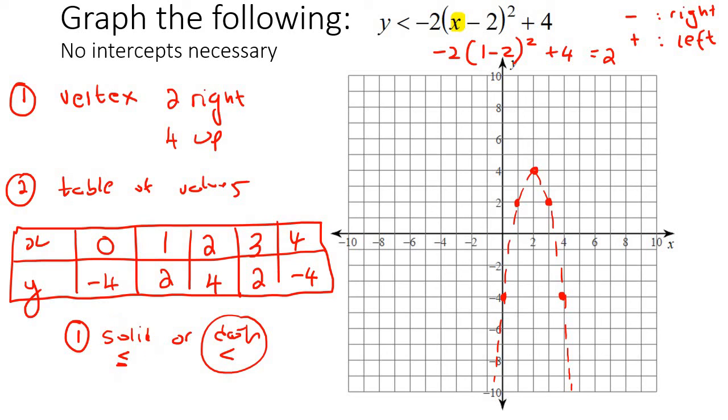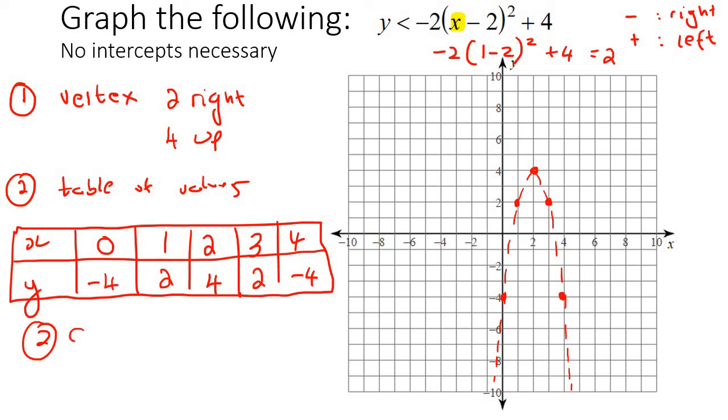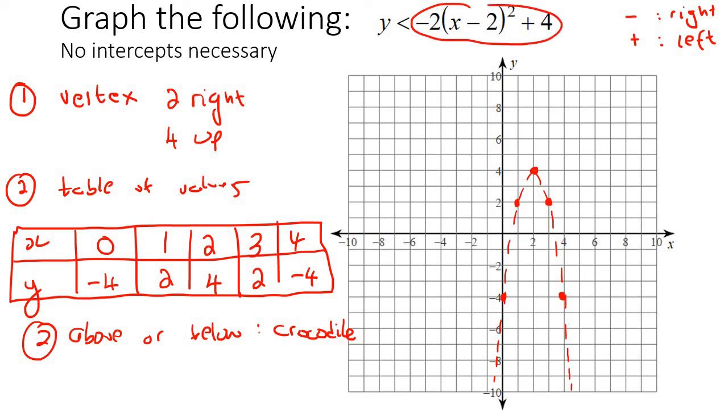The next thing we need to know is whether we are going to shade above or below. And this is where the whole crocodile mouth comes in. Remember that this is the crocodile. You see its mouth. Now, what is that mouth trying to eat? Is this crocodile trying to eat this side over here, or this side over here? Well, the mouth is trying to eat this side.